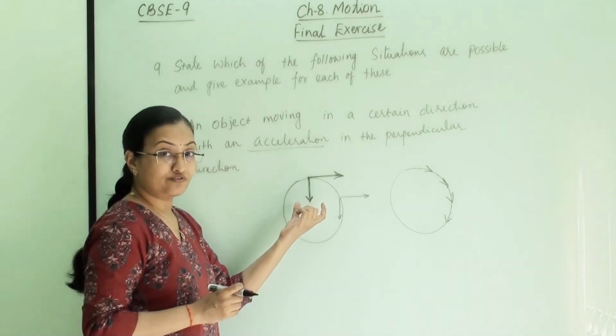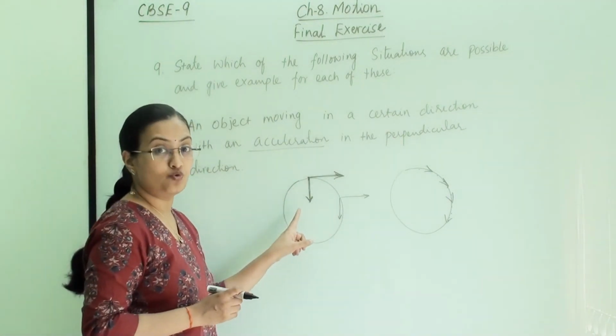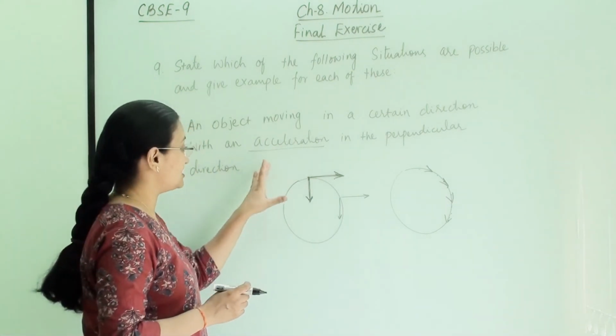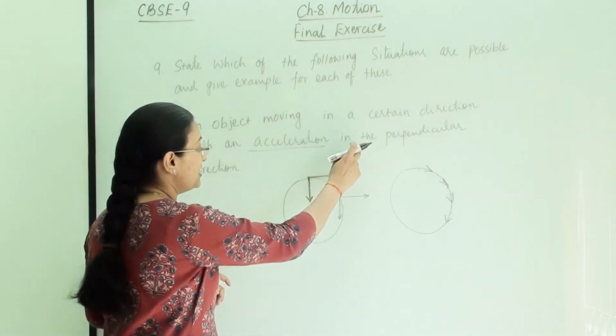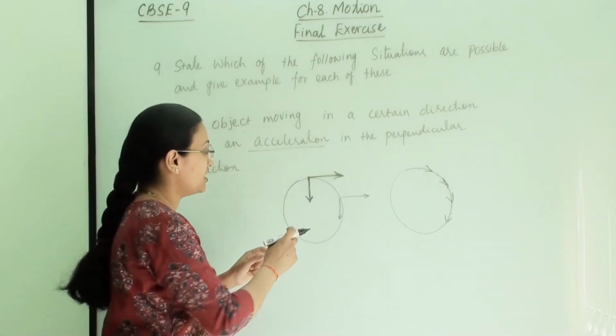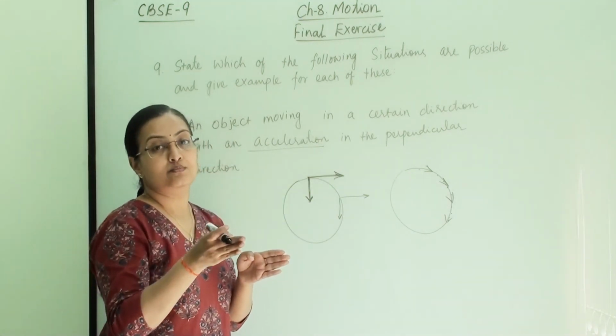So the acceleration of the body will always be perpendicular to its movement. Here in uniform circular motion, this can happen, acceleration in the perpendicular direction. Their movement is circular, so their acceleration will be perpendicular to that movement.